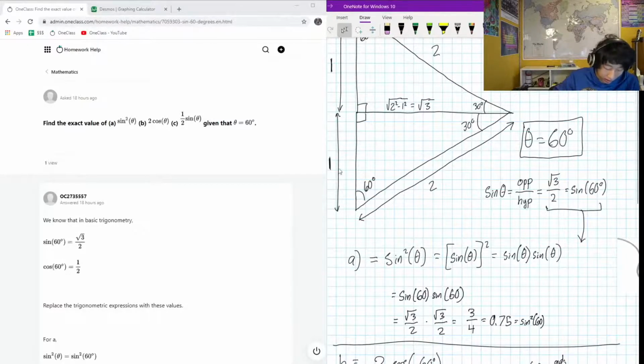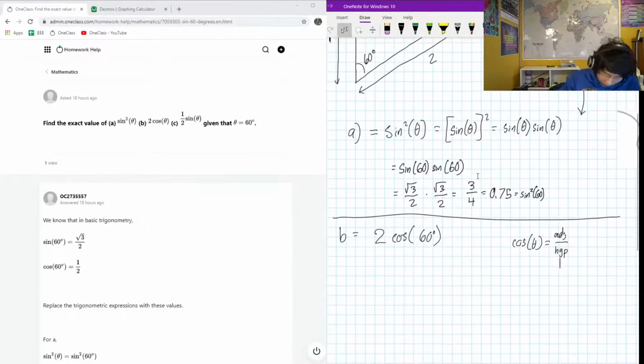In this case, the adjacent is 1, adjacent to the angle. Hopefully you can see that. And the hypotenuse is always going to be 2, so let's write this out. So cos 60 degrees is going to be the adjacent of 1 divided by 2.